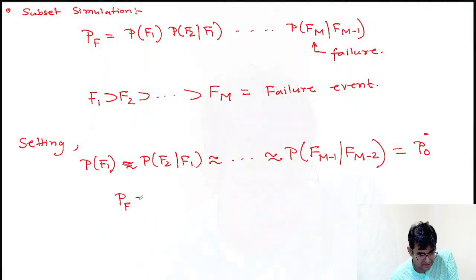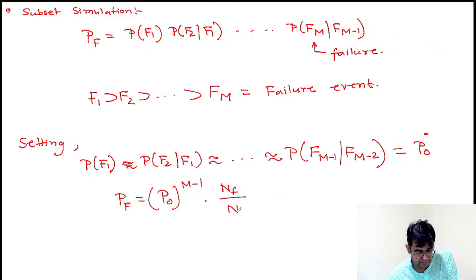Then the last formula we saw yesterday was p naught to the power m minus 1 multiplied by the number of failure points divided by n, where failure points corresponds to Fm given Fm minus 1.